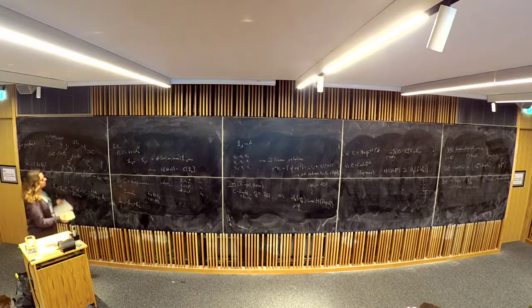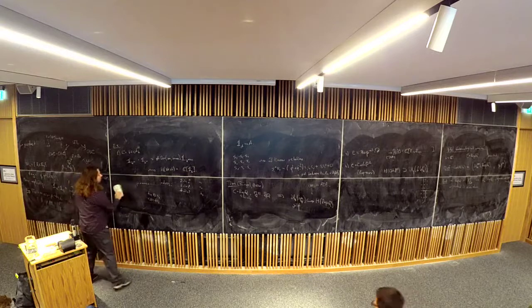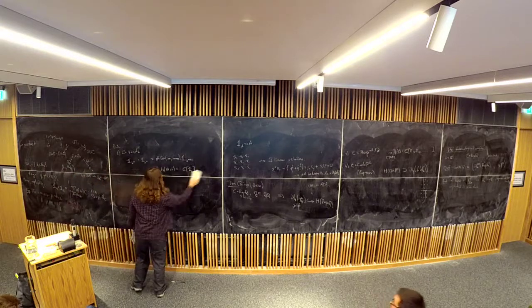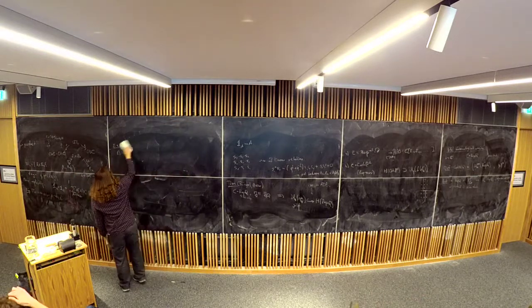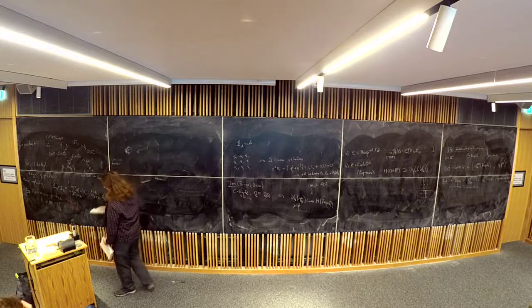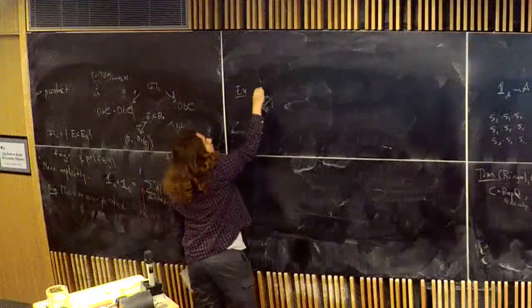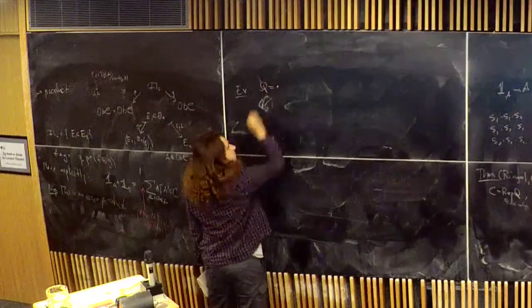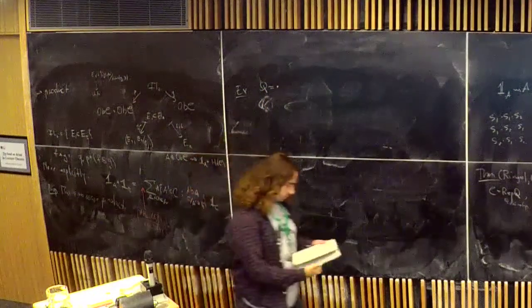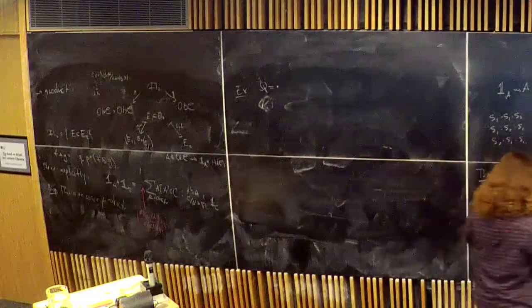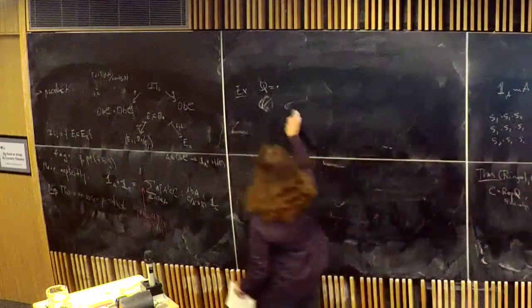Maybe let me keep this just because of the diagram. And let me show it with the following example, where I take Q, which is just a point. So what happens in this example?